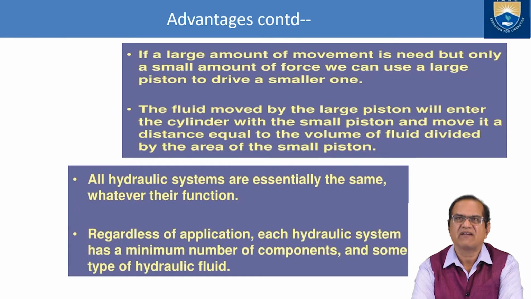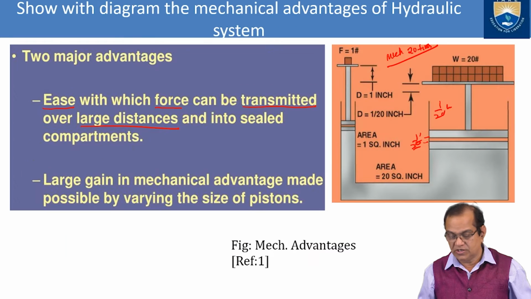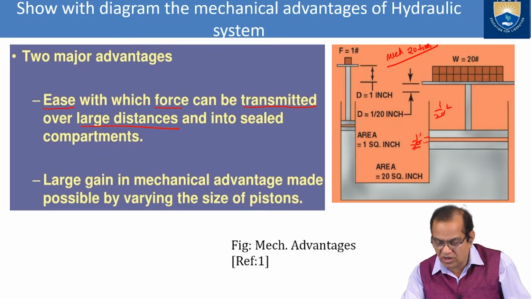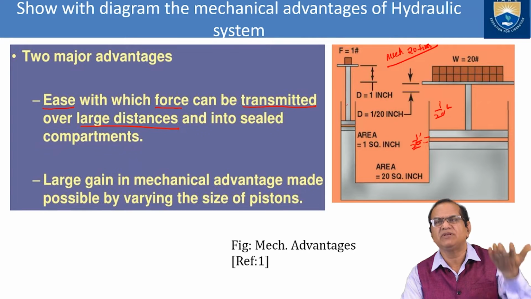Advantages continue. If a large amount of movement is needed but only a small amount of force, we can use a large piston to drive a smaller one. Sometimes, opposite to this, if I want to shift a load over a long distance, I will apply more load here and it will be lifted up 20 times.